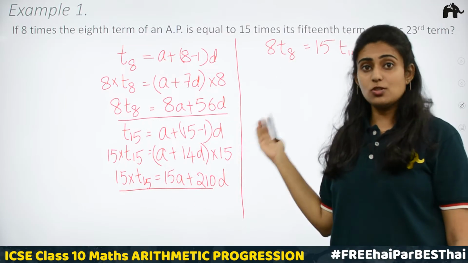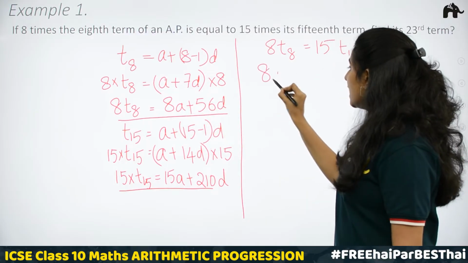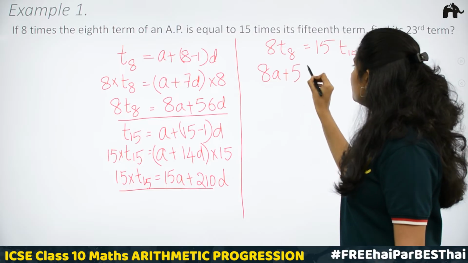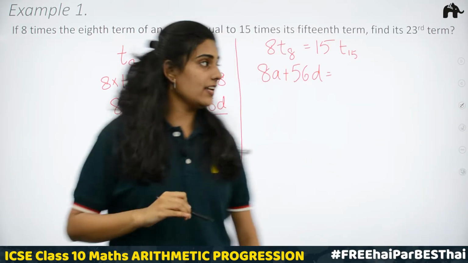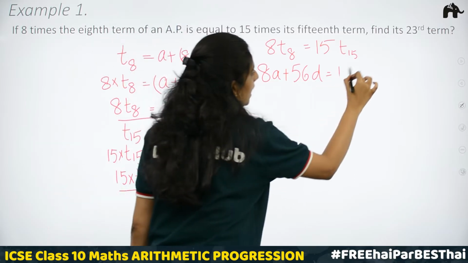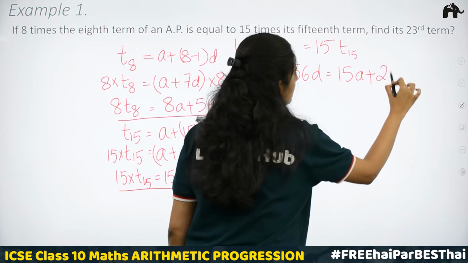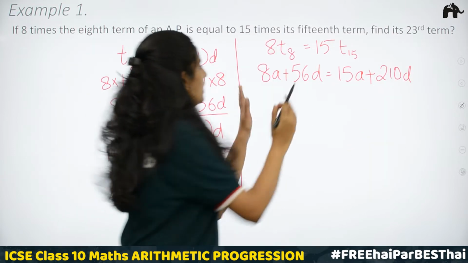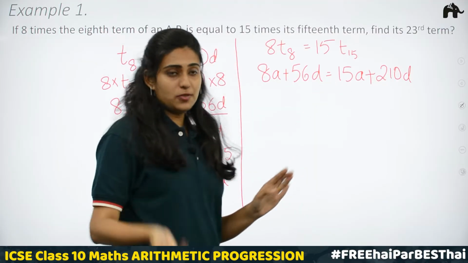Therefore, the right hand side should also be equal. Here in the right hand side, we have 8a plus 56d. In the second equation, right hand side, we have 15a plus 210d.